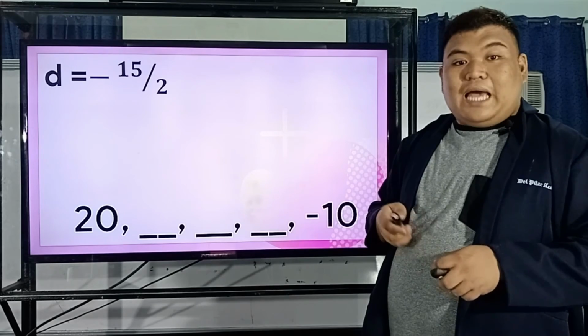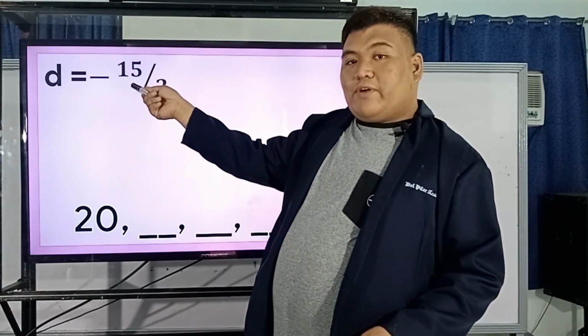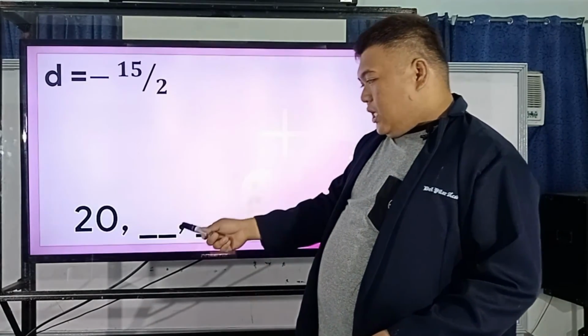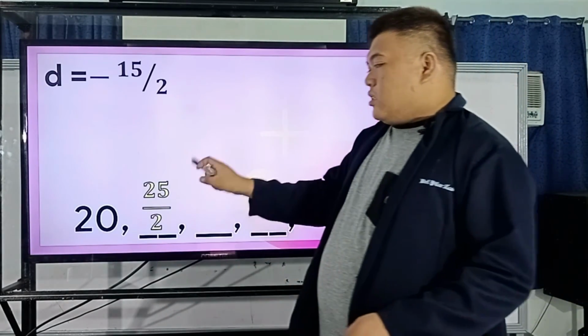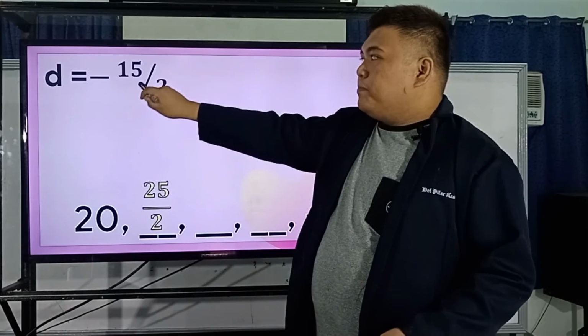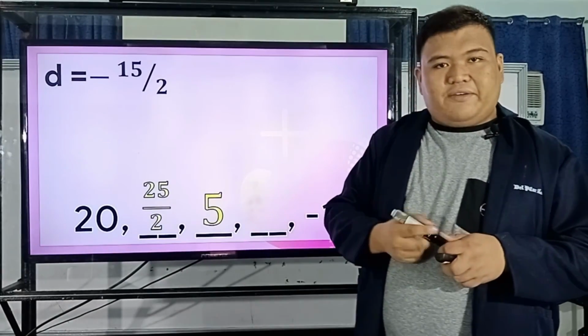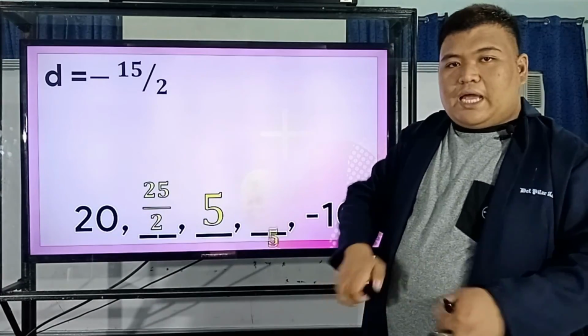So we will just add. So 20 plus negative 15 over 2, what is the answer in our calculators? So that is equal to 25 over 2. Then add ulit, 25 over 2 plus 15 over 2. O, bakit siya naging 5? Ano yung sagot natin kanina?